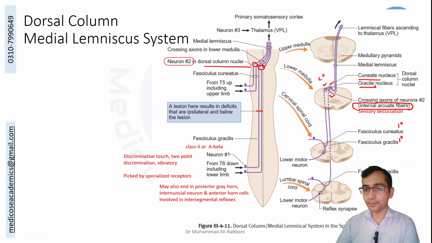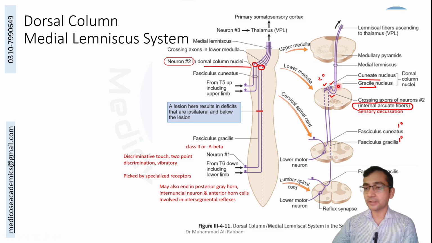It's not as simple as crossing from one side to the other, because the nuclei on the other side will also be giving fibers that are crossing the midline. So the two sides cross each other, and this point is called sensory decussation, because the two tracts cross one another.